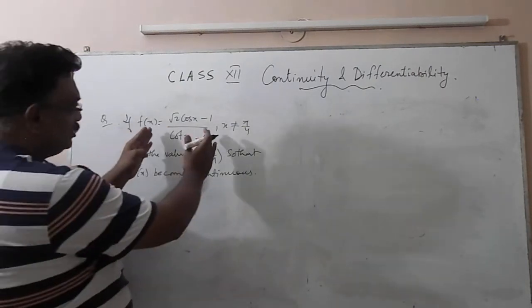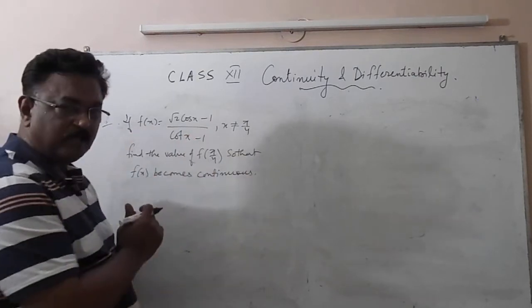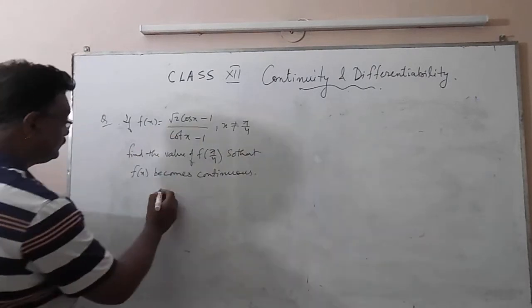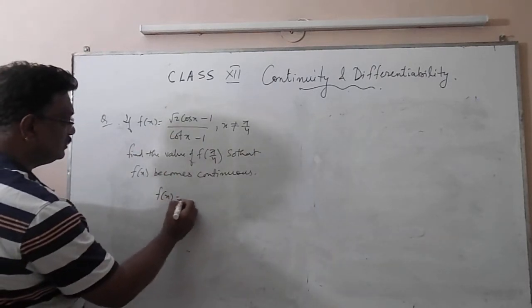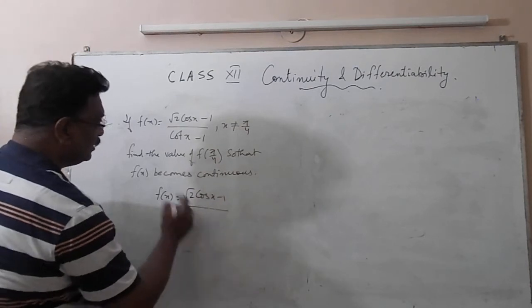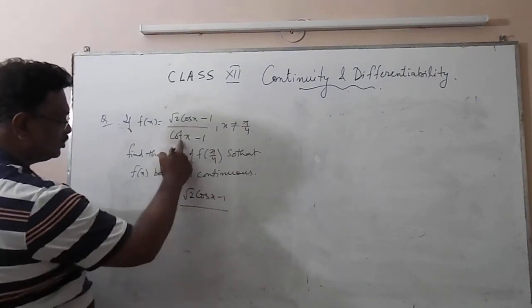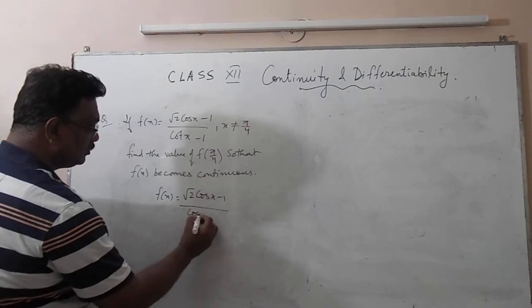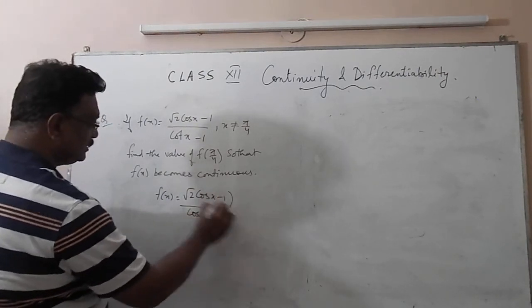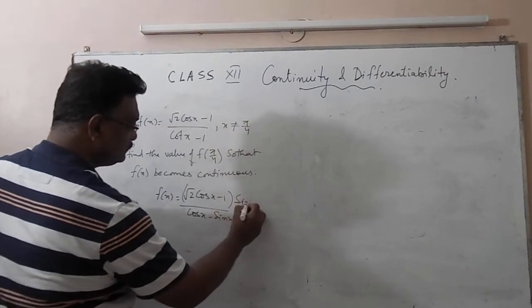So dear students, before I check up the LHL and RHL, I need to simplify this function. This function, root 2 cos x minus 1, this cot x I will write cos by sine, so we get cos x minus sin x upon sin x, which comes over here.